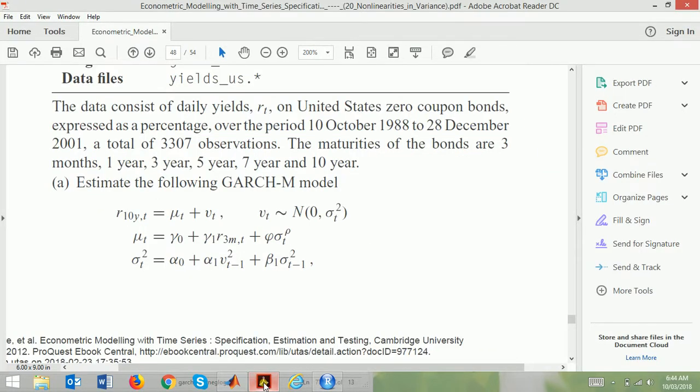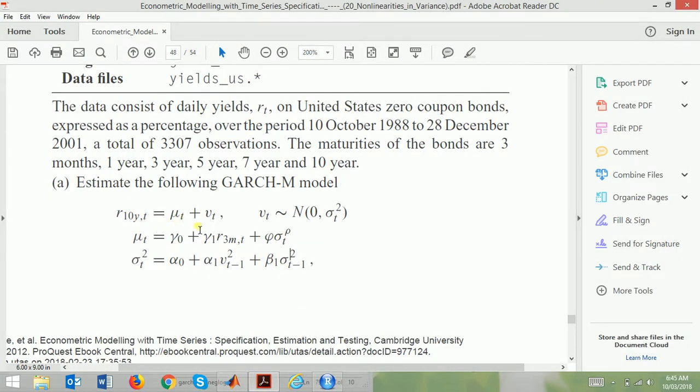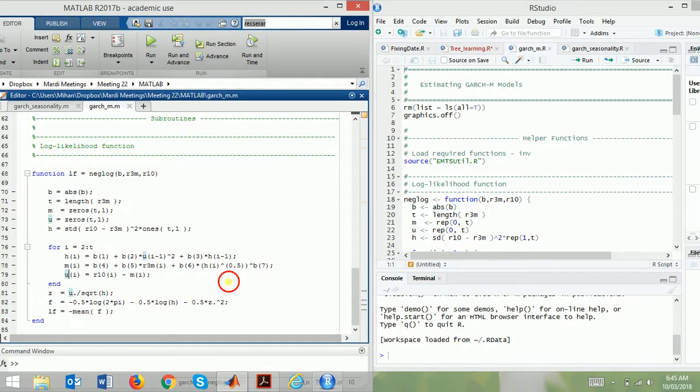Yeah, h_t will capture the risks. Mu is the equation that has risk and return. h_t will capture the risk, and then R10 minus mu. So R10 equals mu minus m. Just simply fix this equation, a regular algebraic equation.